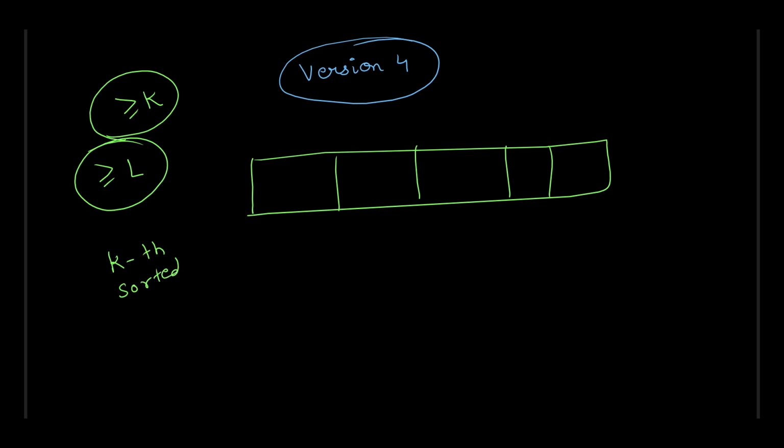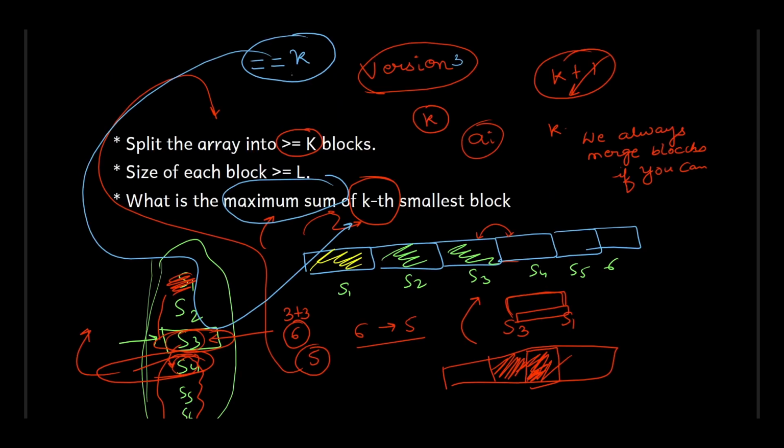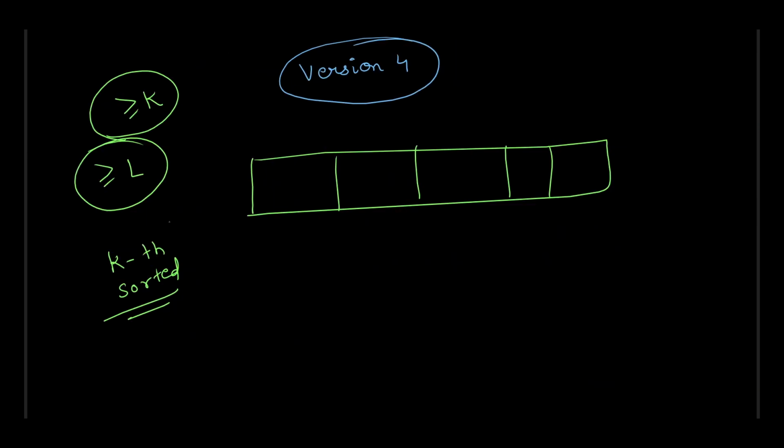Basically the same as version 3 that we had seen, but now on strings instead of numbers. So we have already concluded that this configuration is equal to the configuration where your number of blocks is equal to k and you are looking to maximize the maximum sum.